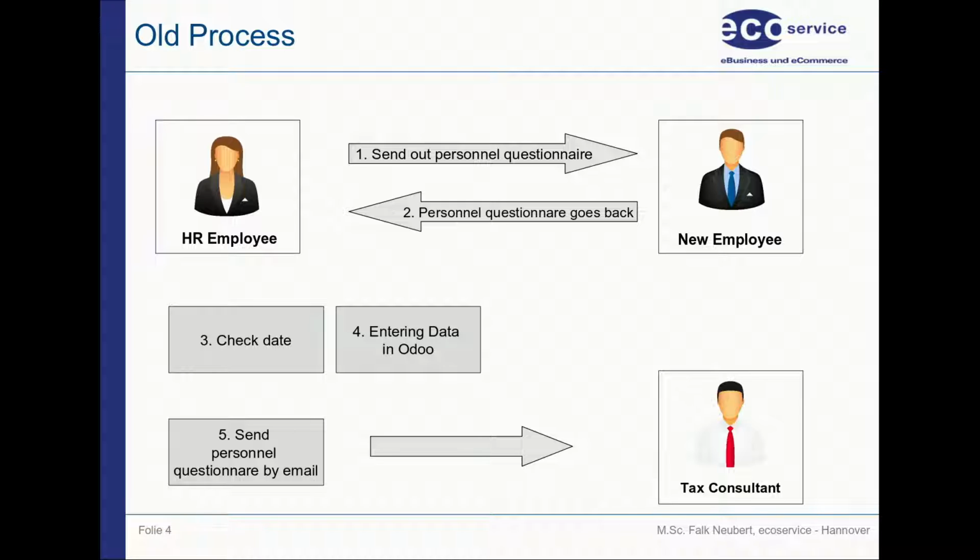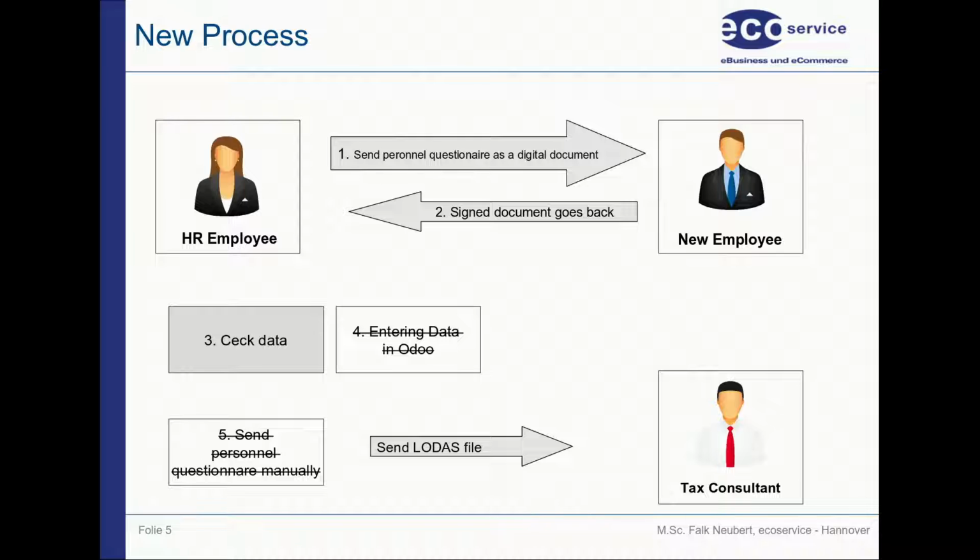And you also have to enter some data in Odoo. But the information you can store in Odoo is not complete, so you have missing information in Odoo for your HR department. How will this process look now?